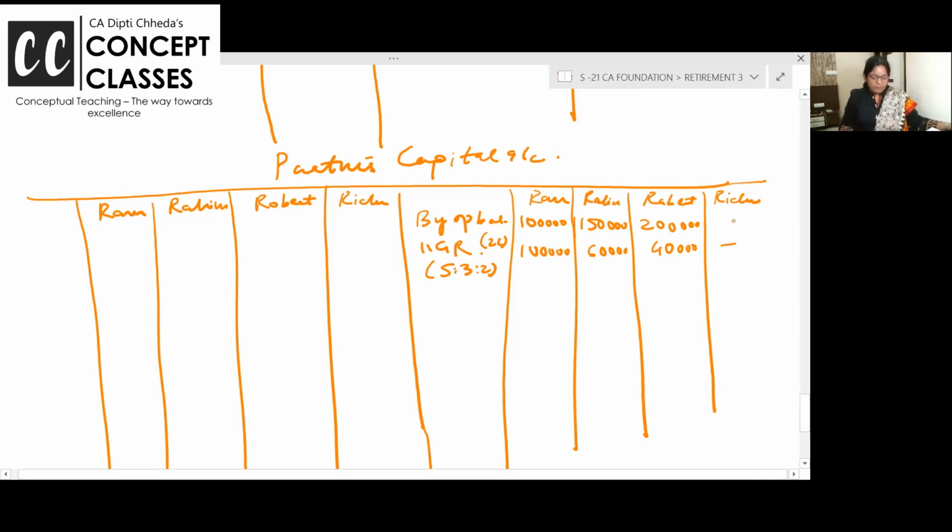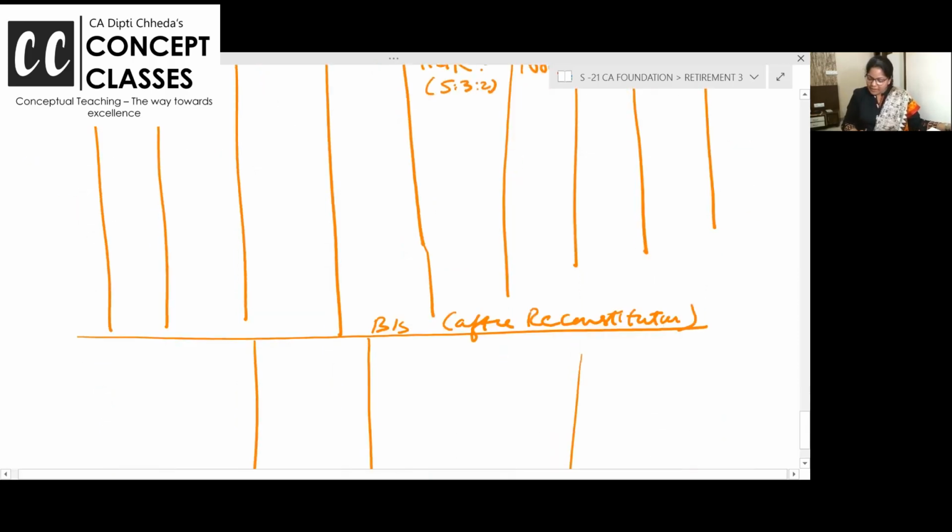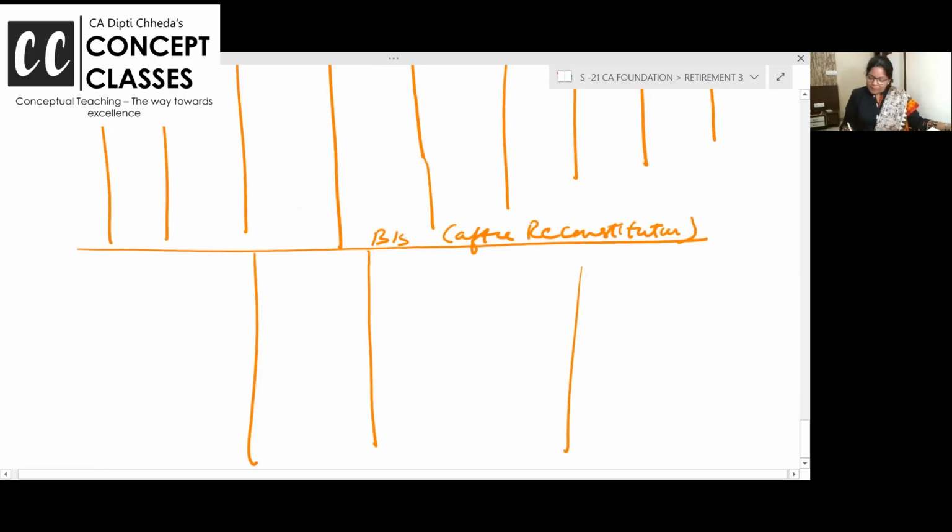Now, revaluation account से शुरू करते हैं. Plant is to be depreciated. So write in balance sheet plant 3 lakh. Depreciate it 30,000, 2,70,000.